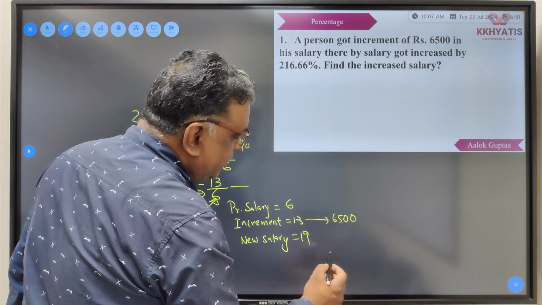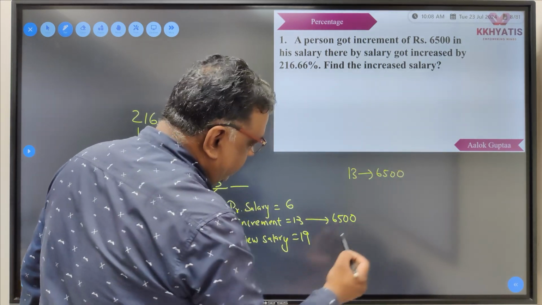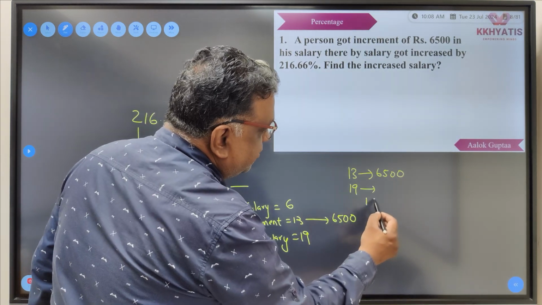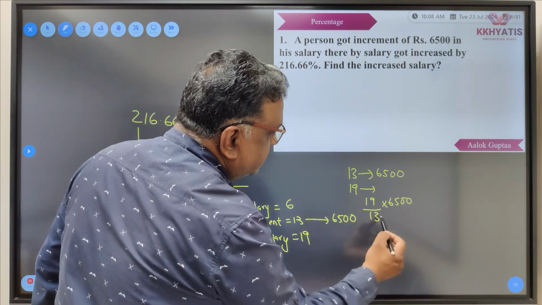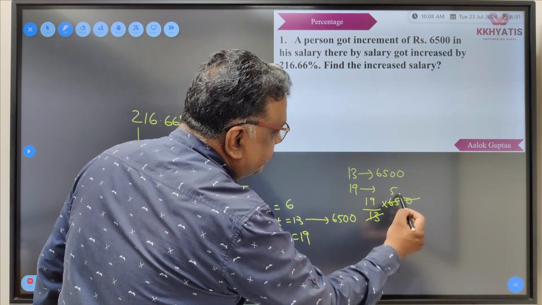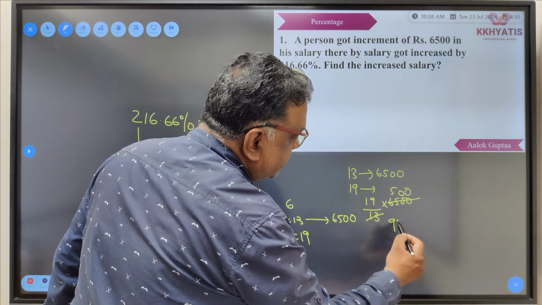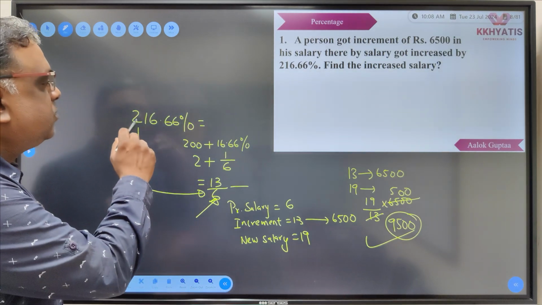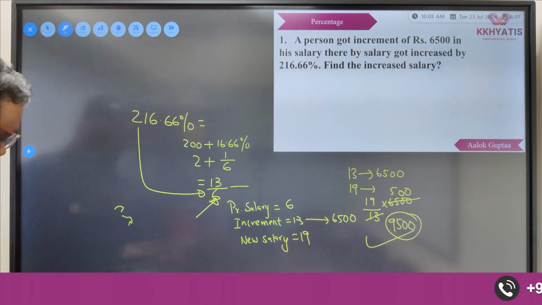So 13 is given as 6,500 and I want to find out the value of 19, which is my new salary. So by unitary method, I will do 19 upon 13 into 6,500. If I cut this, right? So the answer would be 9,500 is my new salary after I got an increment of 216.66%. Okay. Let's move ahead.